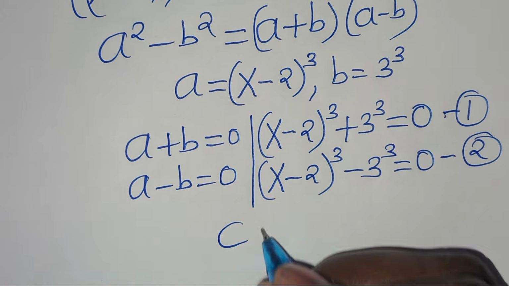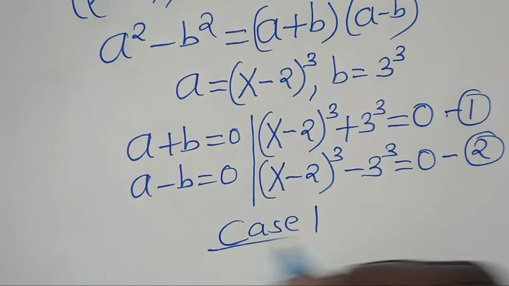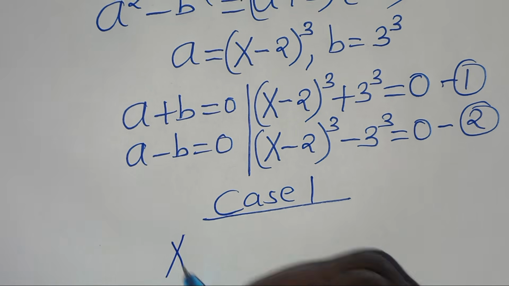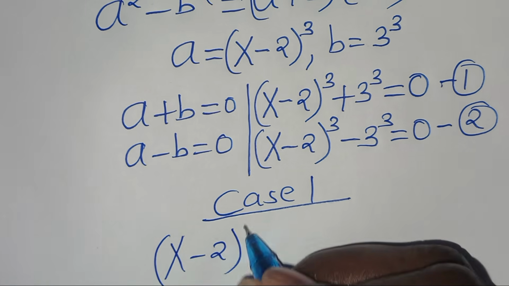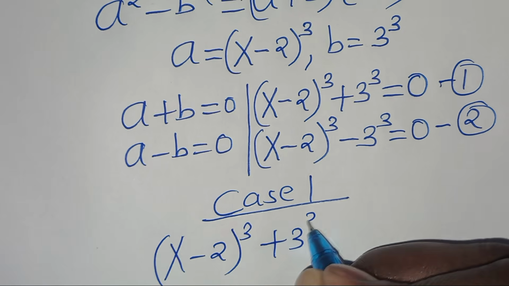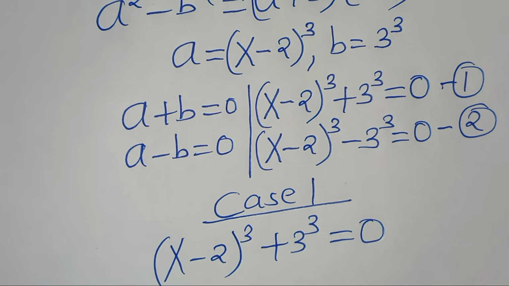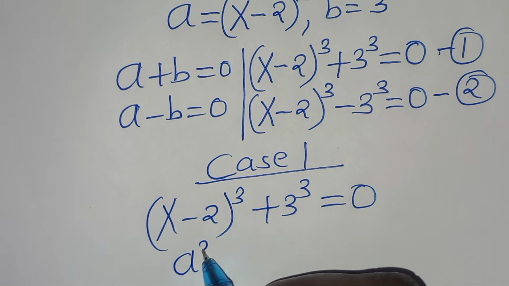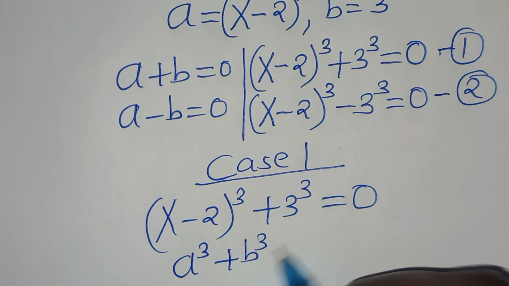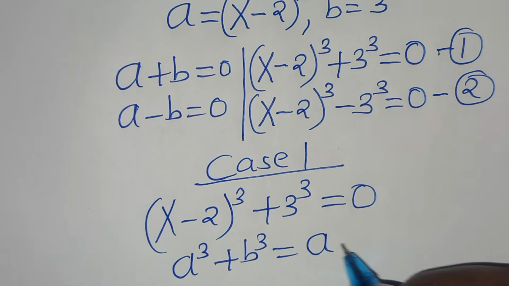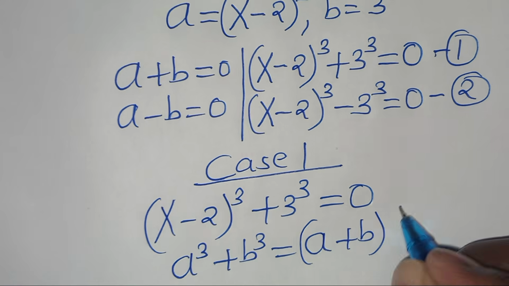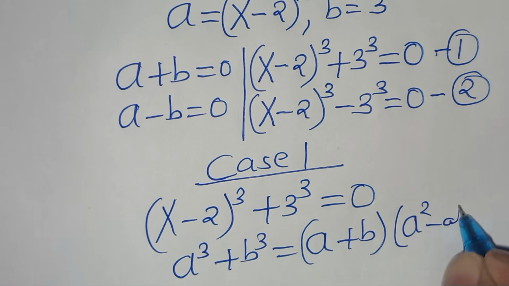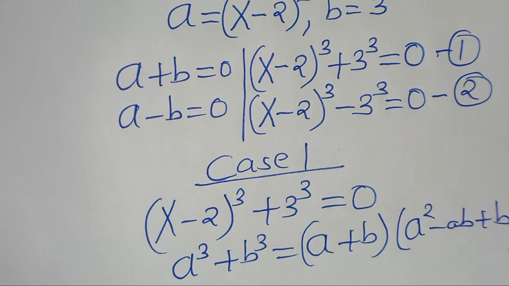Let's start with case 1. In case 1, we have (x − 2)^3 + 3^3 = 0. Now, this is the sum of two cubes, a^3 + b^3, which we can express as (a + b)(a^2 − ab + b^2).